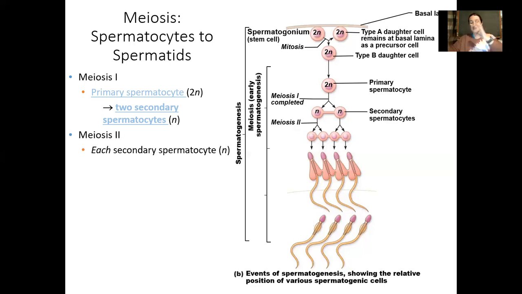Again, we have all of this mixing up of the DNA and rearranging themselves on the metaphase plate, and lots of different things that essentially assure that each individual sperm is completely unique. Each one of these secondary spermatocytes is going to divide into 2 more cells. Again, they're not completely separated, but they are individual cells.